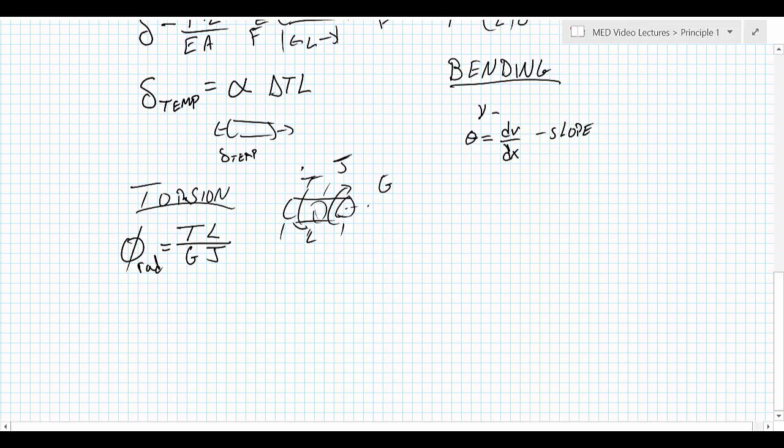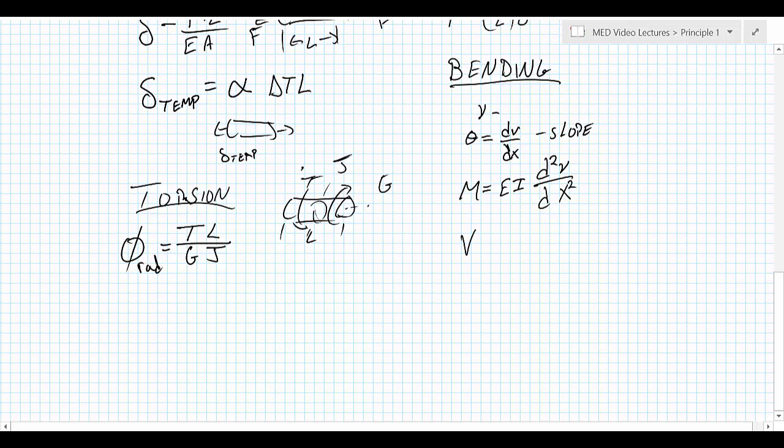We can take the derivative again, and what we end up with is the bending moment. But now, to transfer between deflection and stress, we're going to need to know material properties and geometry again. That's where the E and the I, the modulus of elasticity and the moment of inertia, come from. We have the second derivative of deflection with respect to the length as we go across the length of the beam in bending.